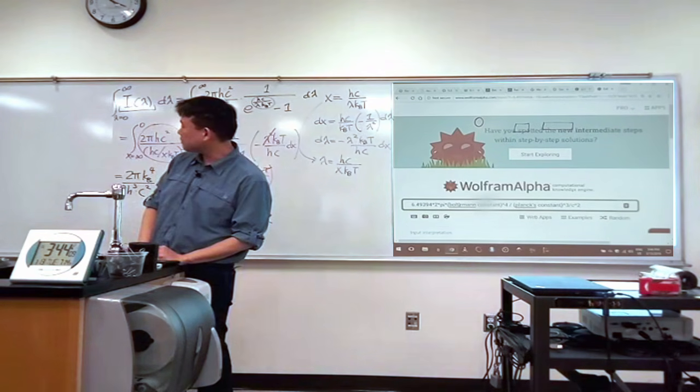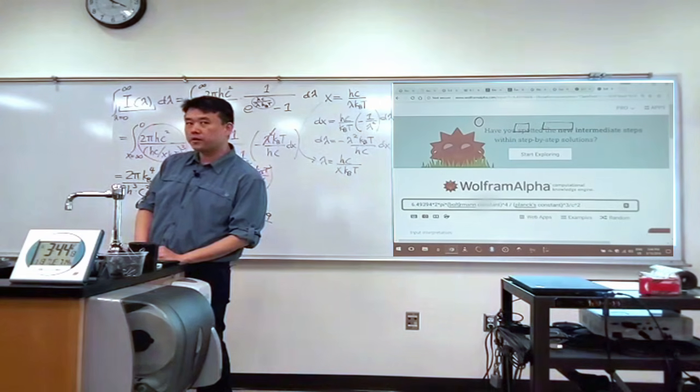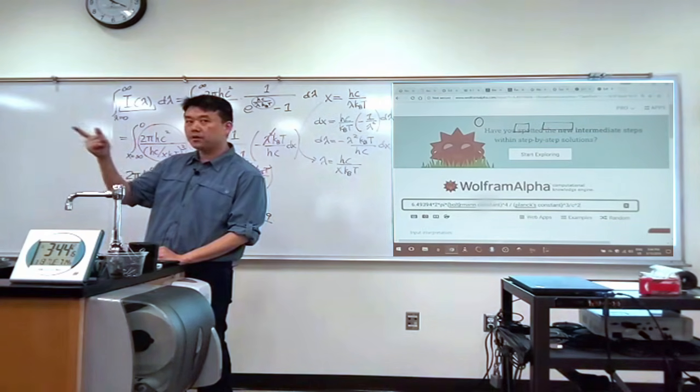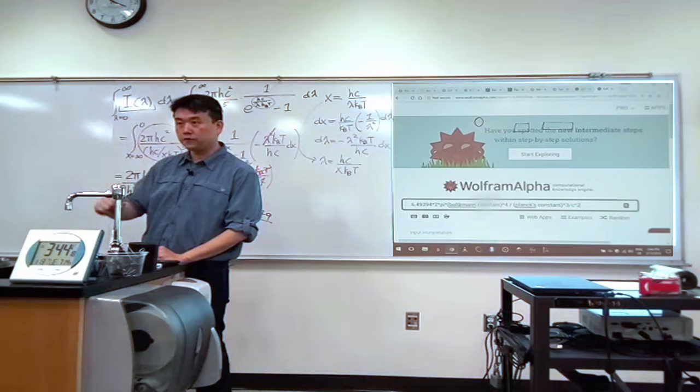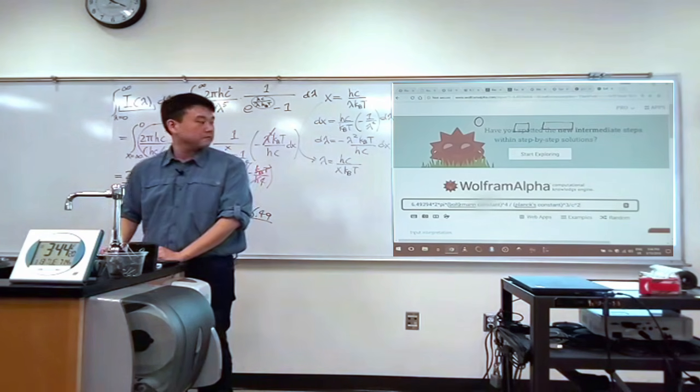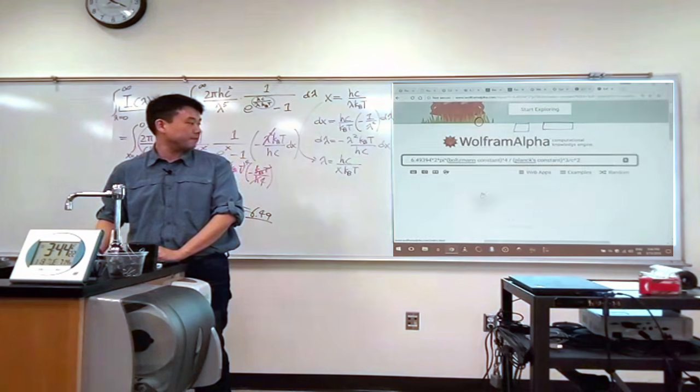So I'm expecting something with a unit of watt per meter squared per Kelvin to the fourth power. So hopefully that's what we are going to get.